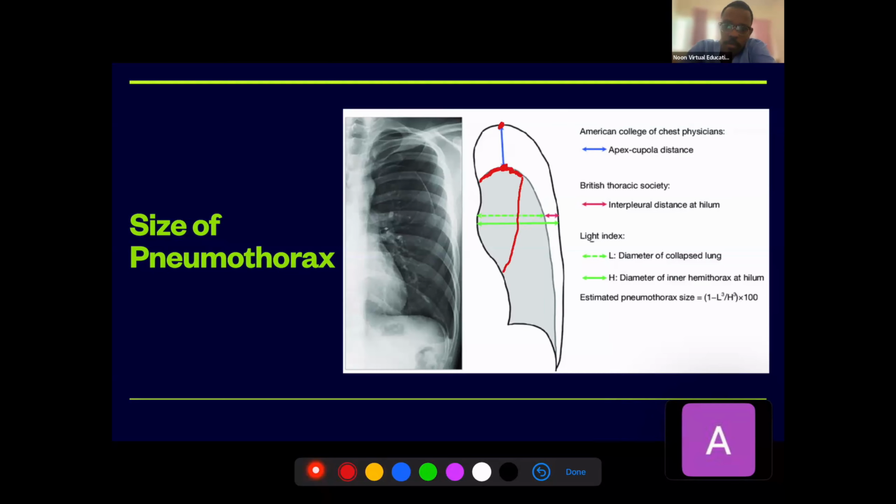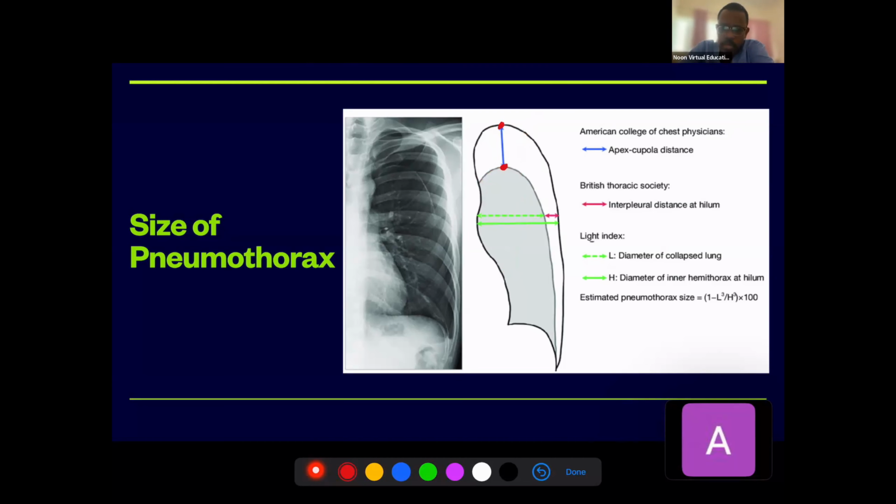Then to the chest wall here. You can measure easily by centimeter. If more than 3 centimeters, you can say this is a large pneumothorax. This is only two classifications, either large or small. This is according to the American College of Chest Physicians.